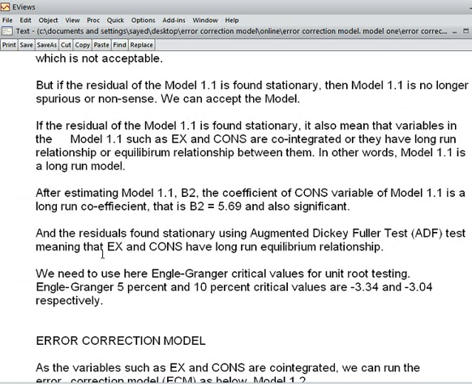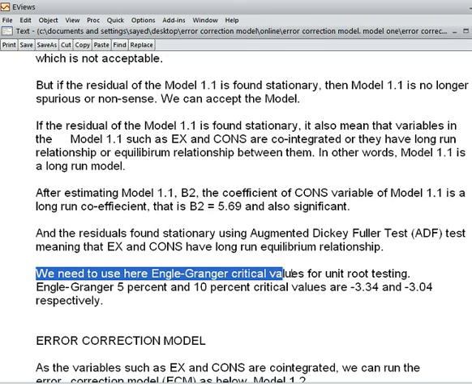Okay, but here one thing we have done: we need to use the Engle-Granger critical value for unit root testing. So here we have used the Engle-Granger critical value to check whether our residual is stationary or not. What is called stationary? Stationary means there is no unit root.